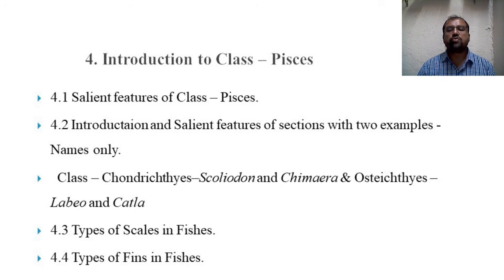There are two major classes that we are going to study. The first class is Chondrichthyes, which is also called cartilaginous fish, and the examples are Scoliodon and Chimaera. And second is Osteichthyes, which is also called bony fishes, and the examples are Labeo and Catla.